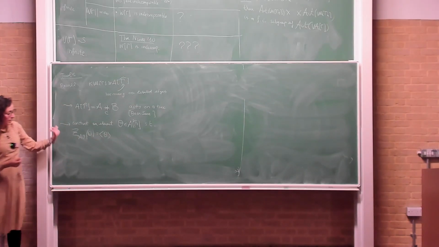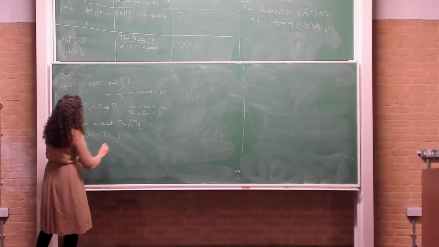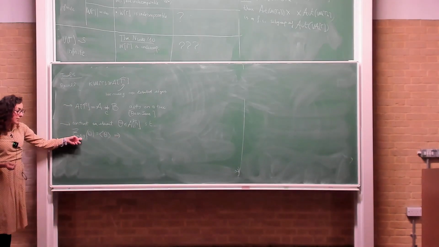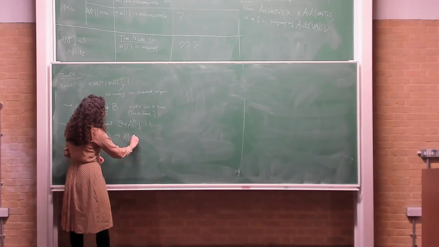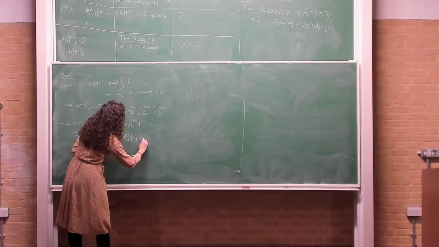And this has consequences on the decomposability of this Artin group. So this in particular says that the kernel KVA is indecomposable.